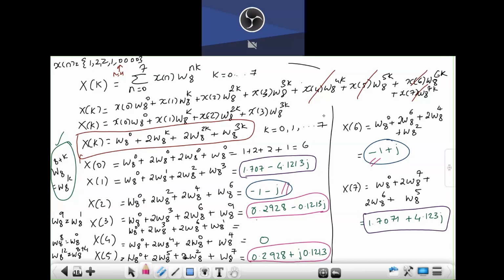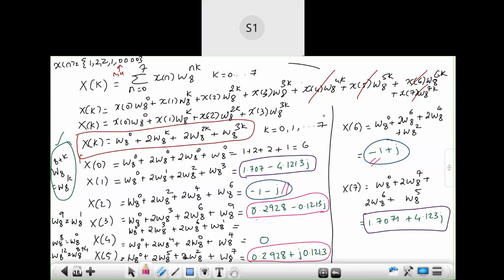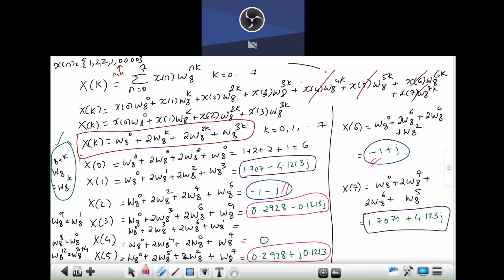Ma'am, I have one doubt. I'm not getting how to solve this. We have 2 into 1 by root 2 minus j by root 2. Here I can multiply 2 separately with the 2 terms. For which one? Tell me.